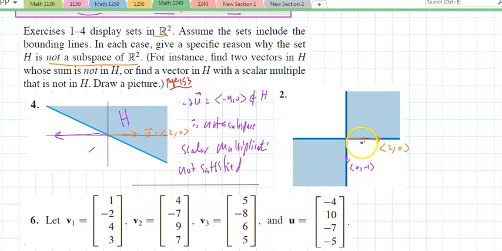Call this U, call this vector V. If I take U plus V, I will get 2, 0 plus 0, -1, which is 2, -1. 2, -1 is definitely not in H. H is right there, right?